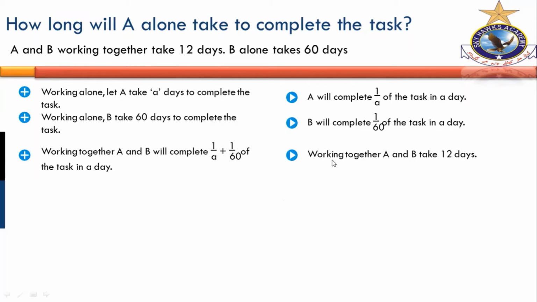And if they are working together, they are taking 12 days, so this is the given information. So all these 6 lines are helpful, a basic and integral part of the solution. So let's see. Therefore, they complete 1 over 12 of the task in a day.